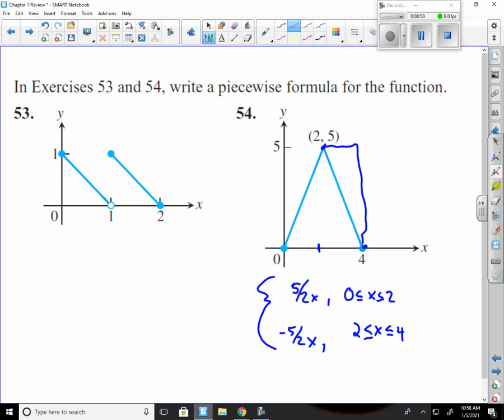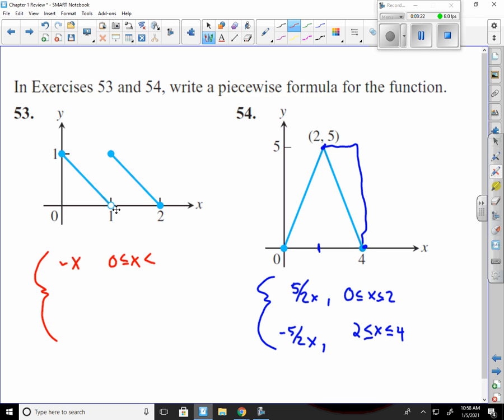Might as well go back to 53 and look at that one. If I'm looking at this, then my x here, this line, it's got a slope of negative 1, so that's going to be negative x, and that's when x is between 0 and 1.